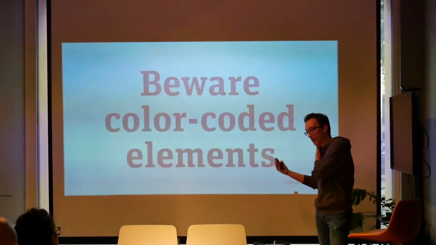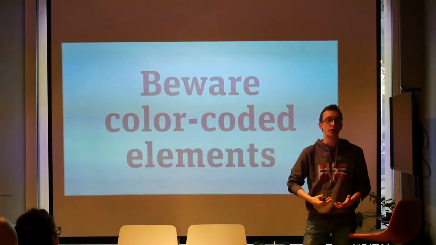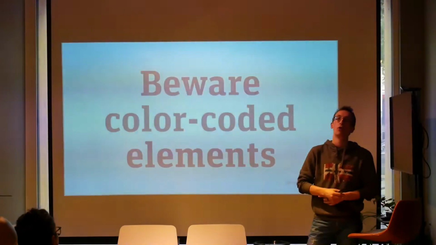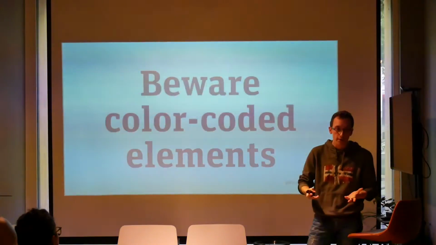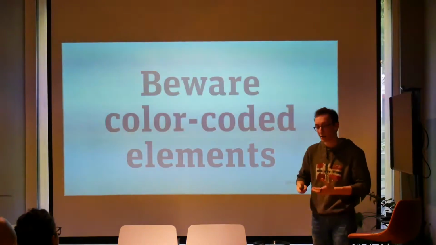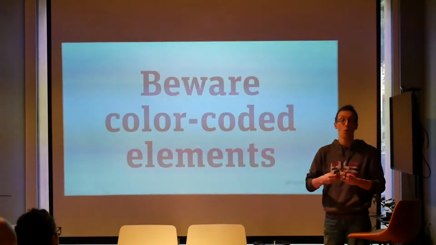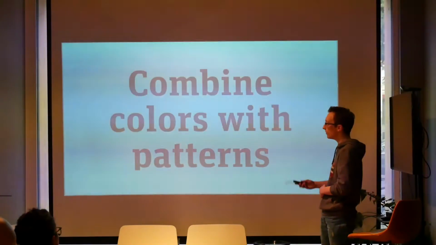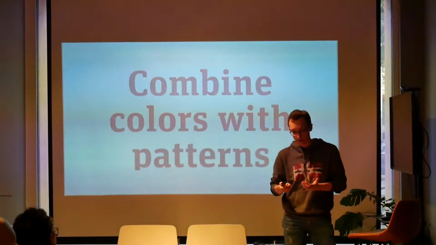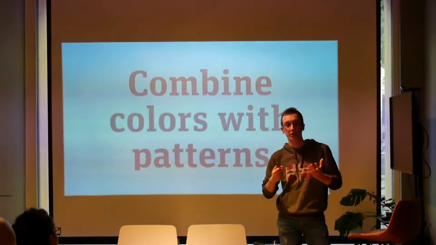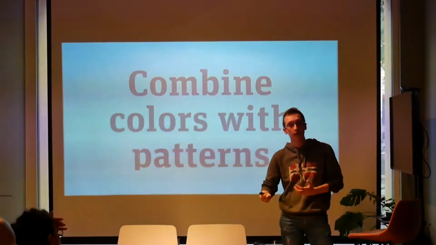So on that topic, it means we need to be careful with color-coded elements such as heat maps or toggles, things like this. Again, it doesn't mean we should not use them, but they should be working without the color layer. Which is why on those kinds of elements, it's good practice to combine the color with a pattern.